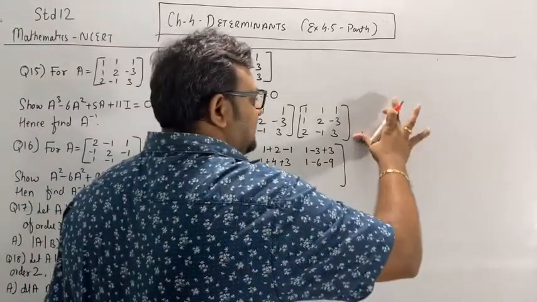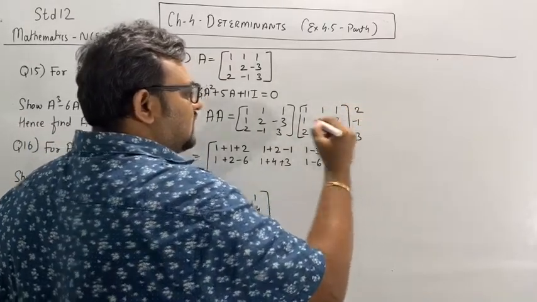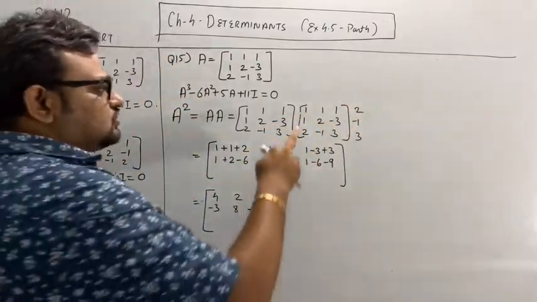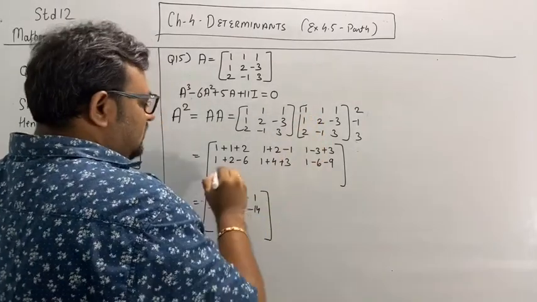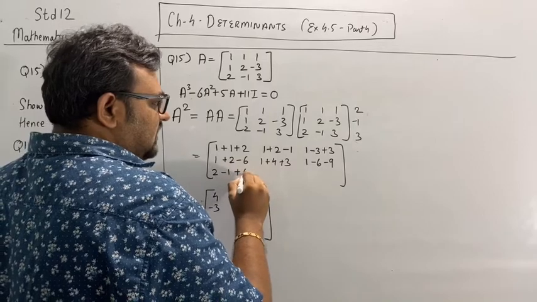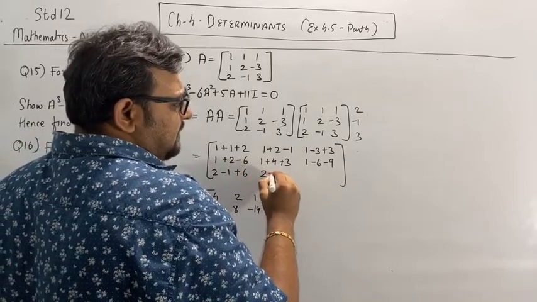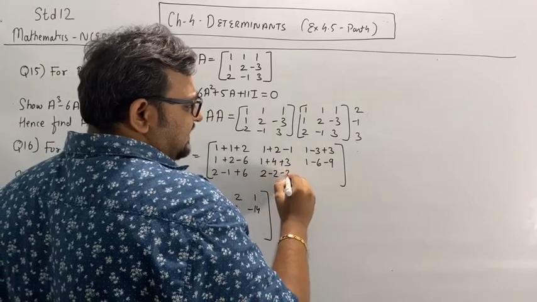Okay, now let's take the third row, 2 minus 1, 3. So again, 2 into 1, 2, 1 into minus 1, minus 1, plus 6. Next, 2 minus 2 minus 3.